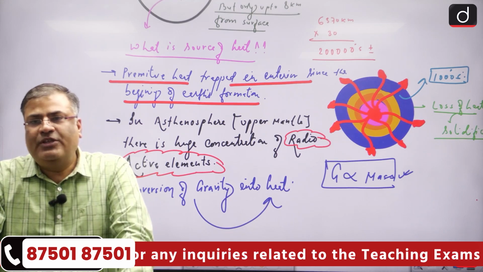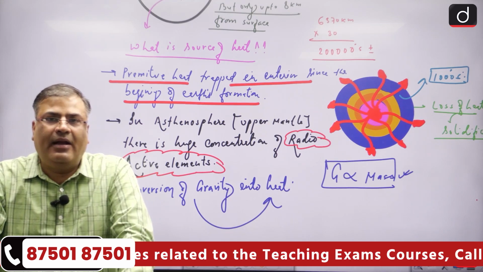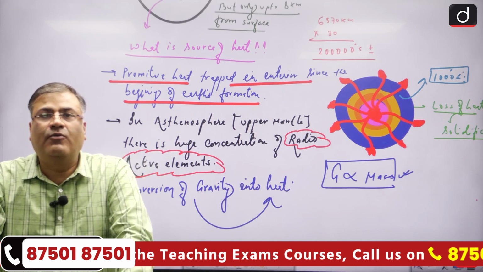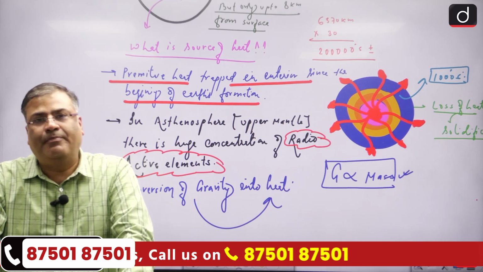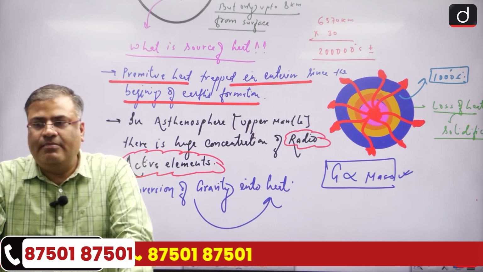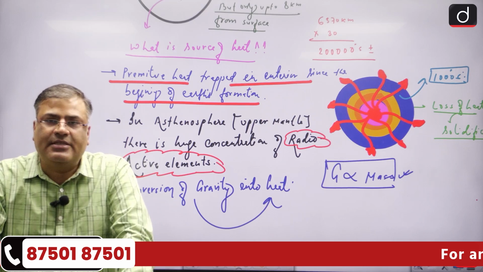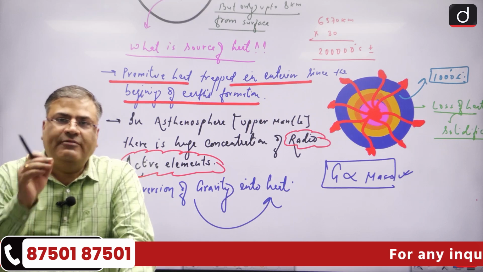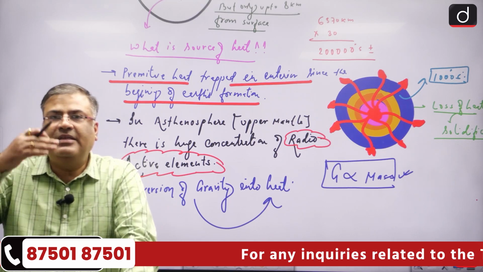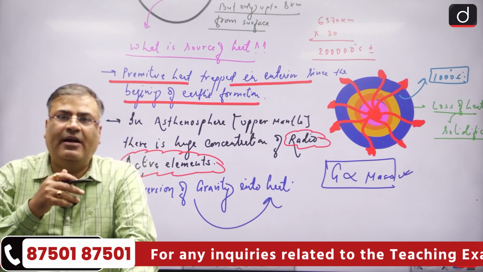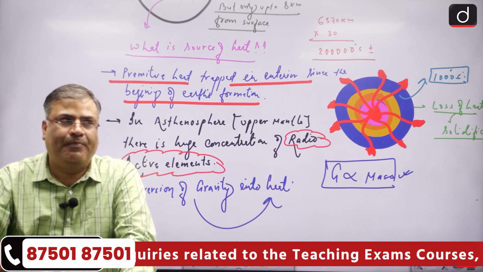Because whichever gases were coming out from the interior of the Earth through the process of volcanism, Earth was not able to trap them. These gases were simply escaping into space. Do you have the answer why it is so? Why were those gases easily escaping into space and the Earth was not able to trap them?